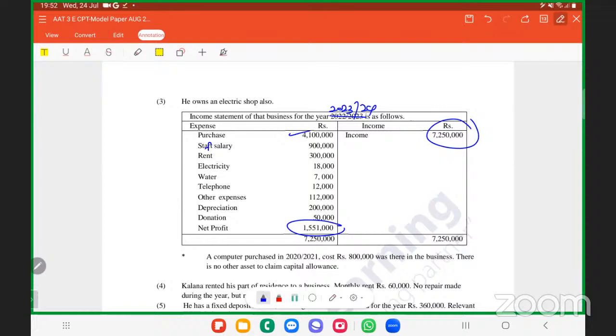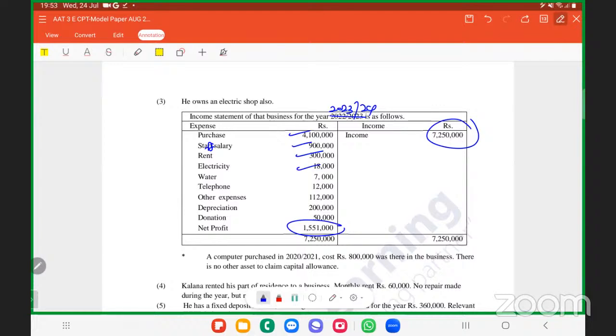So here is staff salary. The staff salary is an expense incurred for business income generation. Therefore, that is deductible. Rent also is possible, because you need to continue in a particular place. Therefore, you need to incur that rent, and you can deduct that as per section 11.